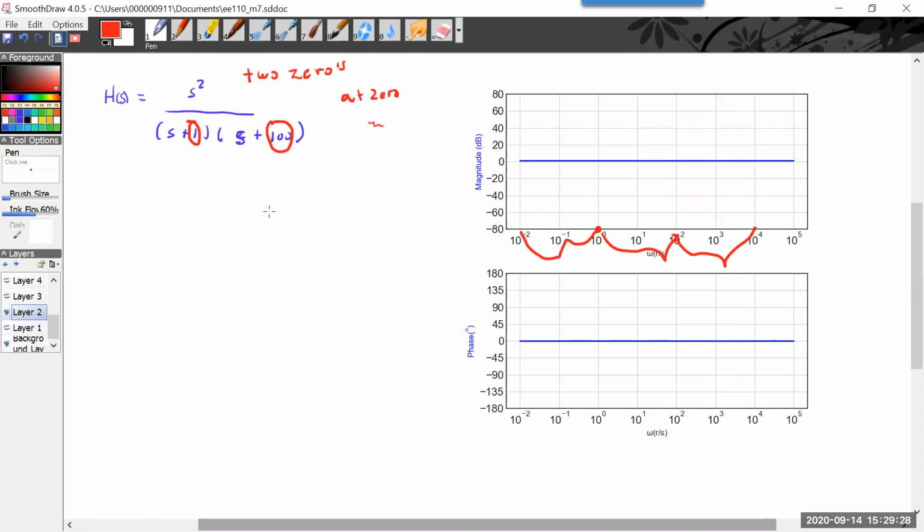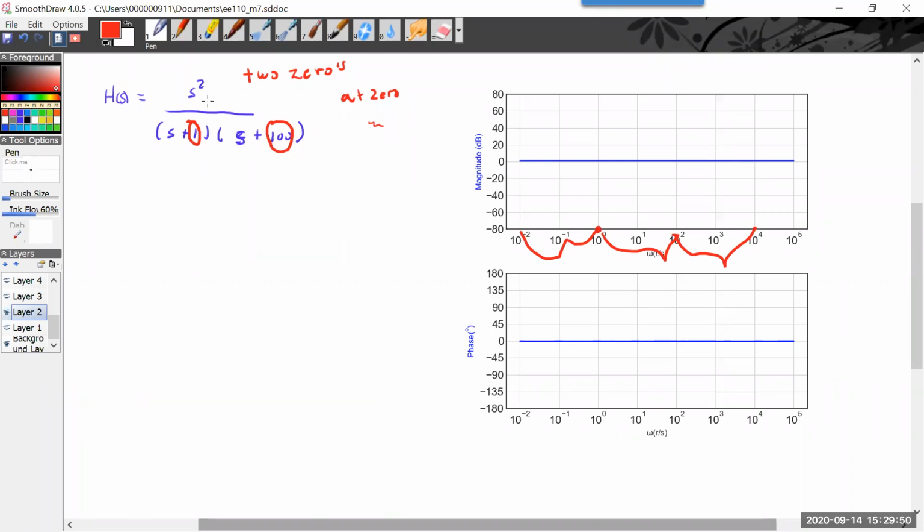And so if I look at this and let S go to much, much less than 1, that means it's much, much less than 100. And so it's going to be S squared divided by a constant.